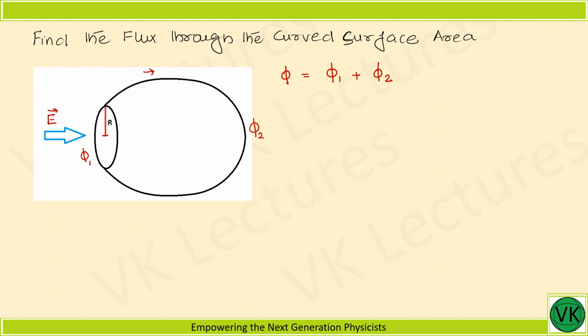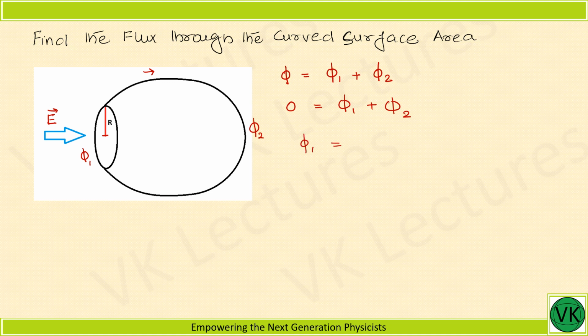Now since the electric field is from outside, and there is no charge inside the pot, we can write the total flux equal to 0, that is phi 1 plus phi 2. Now phi 2 is the curved surface and phi 1 is the flat surface. So let's find out phi 1.